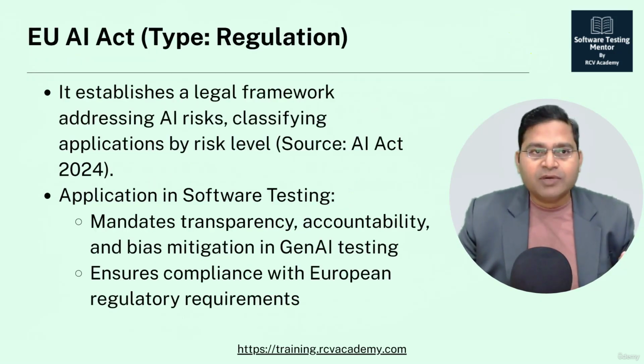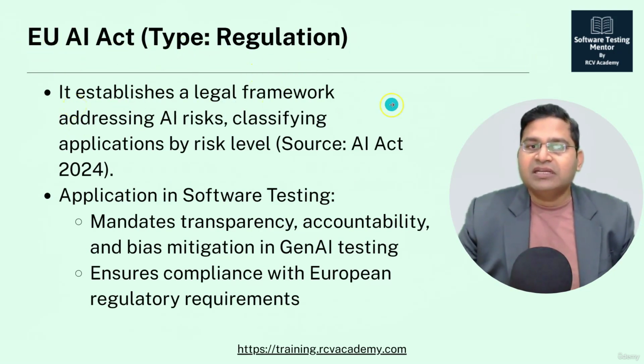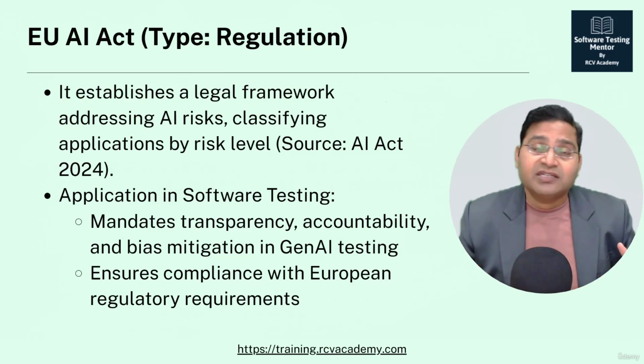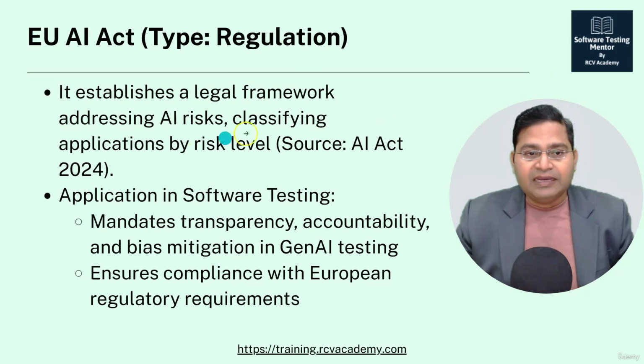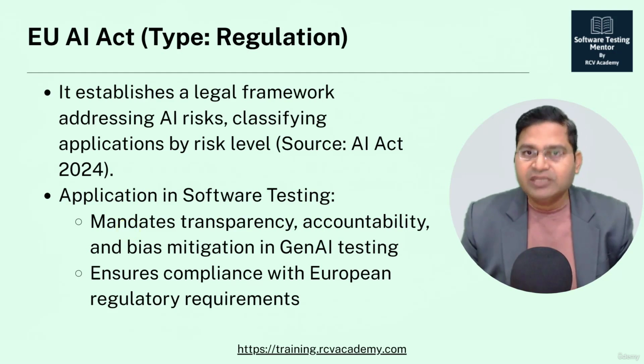The third one is the EU AI Act, which is a regulation, and this act establishes a legal framework addressing AI risks, classifying applications by risk level. As for the application in software testing, this regulation mandates transparency, accountability and bias mitigation in generative AI testing.